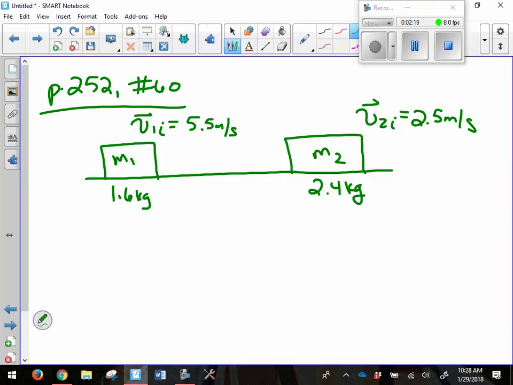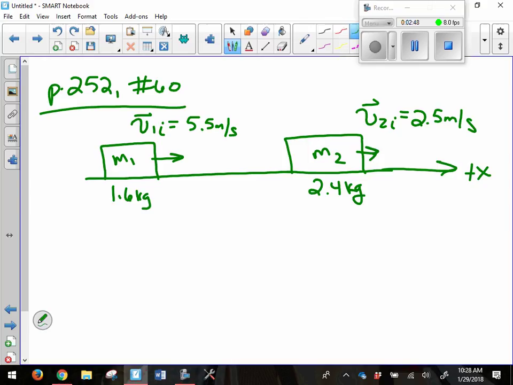And which ways are my objects moving? To the right. Okay. So we'll let that direction be positive x, just because it makes our lives easier. And thank goodness, the block in back has a bigger velocity.